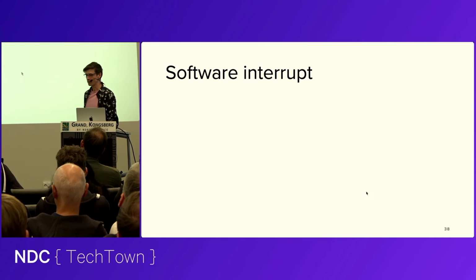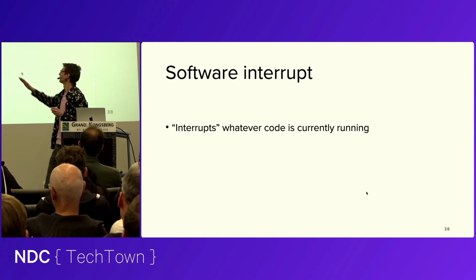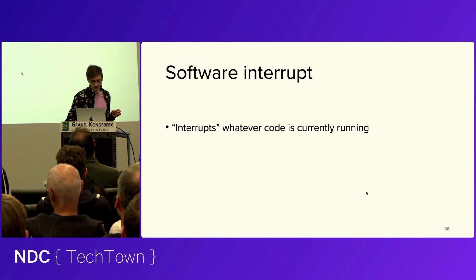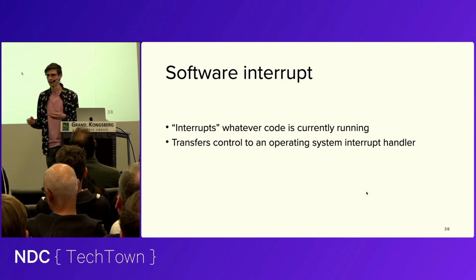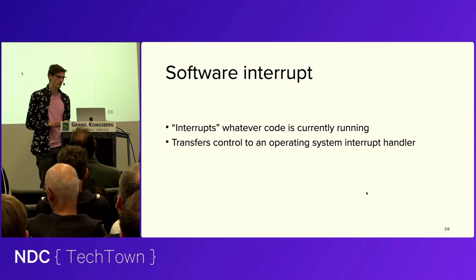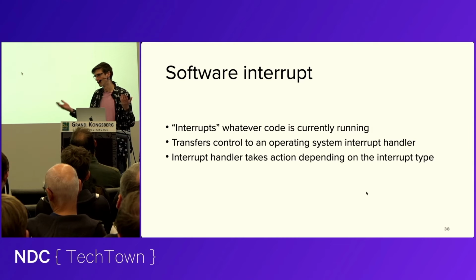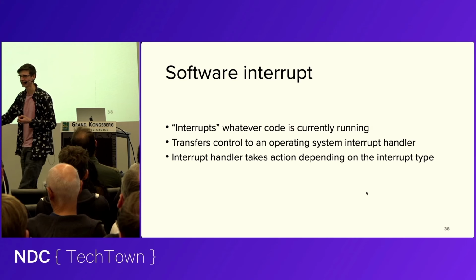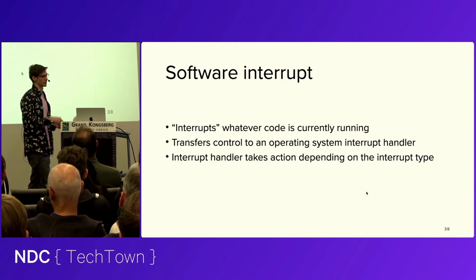A software interrupt is something which will interrupt whatever code is currently running. The hardware will transfer control to an interrupt handler, which is registered by the operating system, and that will take some action depending on what the interrupt was. Interrupts are usually just a number, like interrupt 3, which is the trap handler.